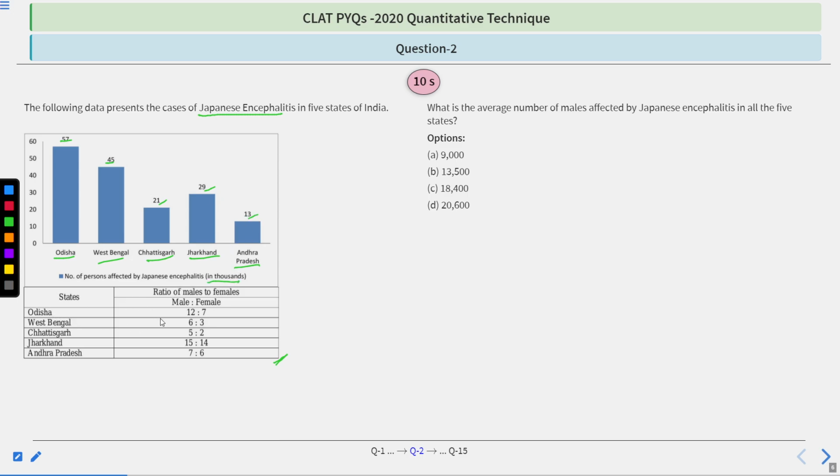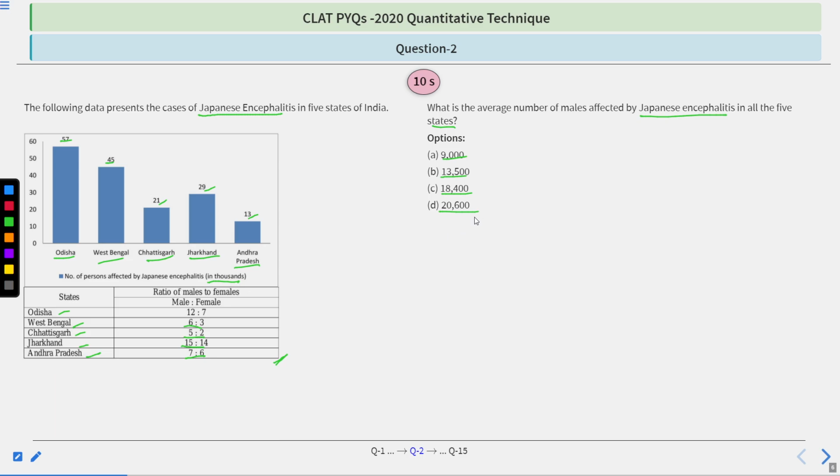Now the ratios given for the respective states: Odisha 12:7, West Bengal 6:3, Chhattisgarh 5:2, Jharkhand 15:14, Andhra Pradesh 7:6. Now the main question says, what is the average number of males affected by Japanese encephalitis in all the 5 states? Options: 9,000, 13,500, 18,400, 20,600.